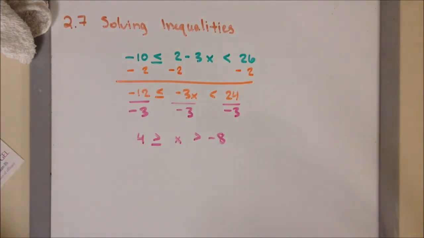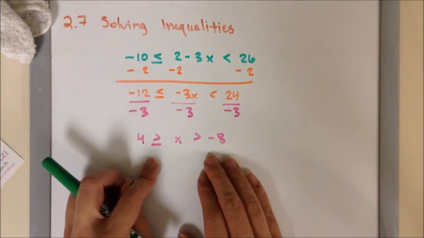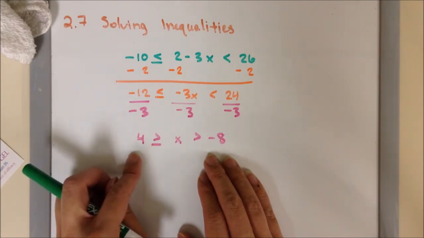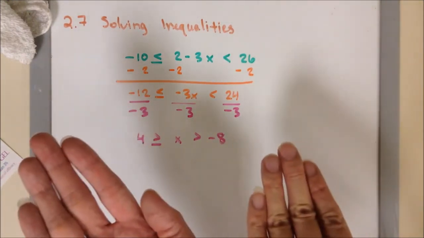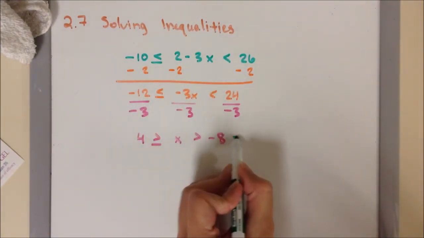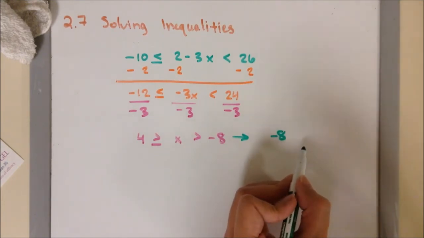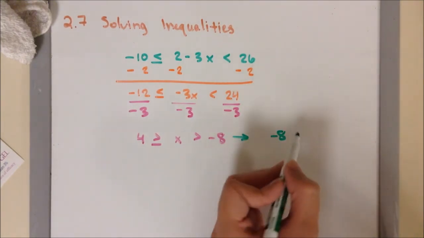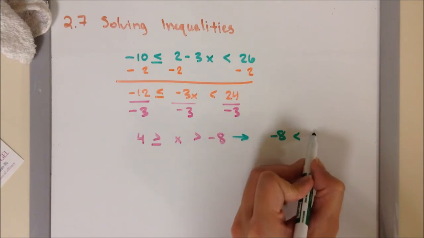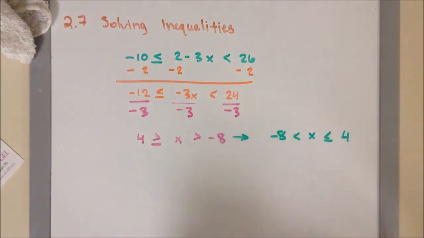So from there, our negative number is on the right side and our positive number is on the left side. I'm just going to flip the whole thing. So negative 8 on the left, and I'm flipping the inequality sign along with it. So negative 8 less than x less than or equal to positive 4.